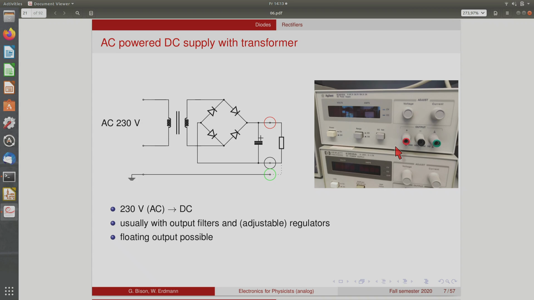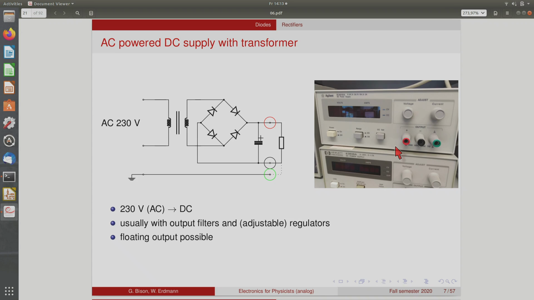They can sit at an elevated potential because your experiment operates at an elevated potential. Or it's also useful when you have supplies that are far away from your measurement. So you have 2 or 3 supplies that are distributed in the lab, and you have your test, which is far away in the corner, and you want to avoid so-called ground loops. Then it's always advisable to use floating power supplies.